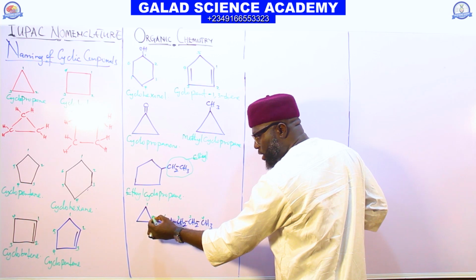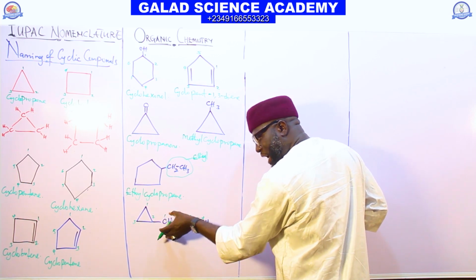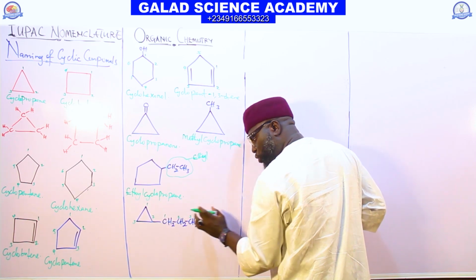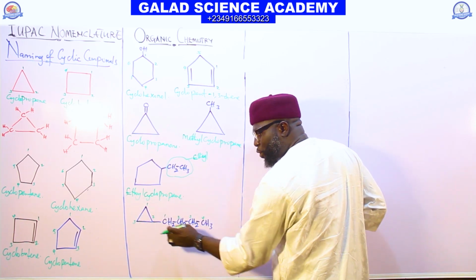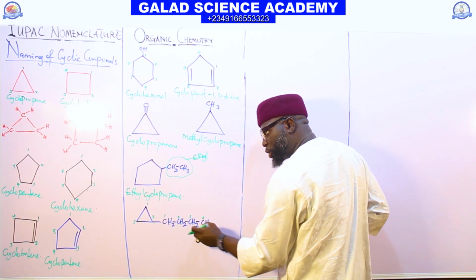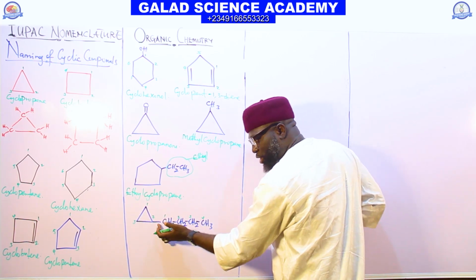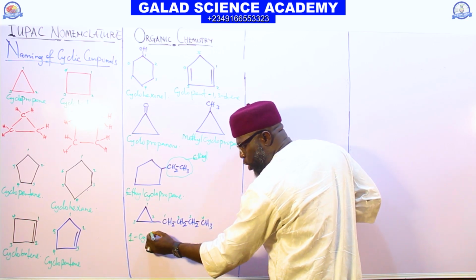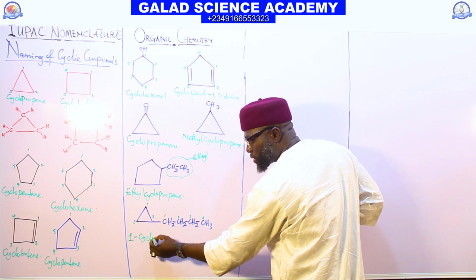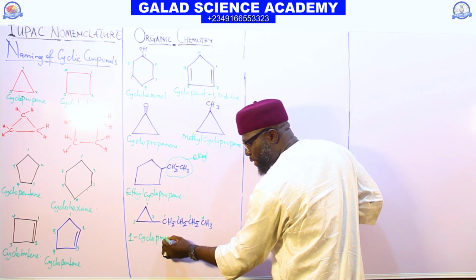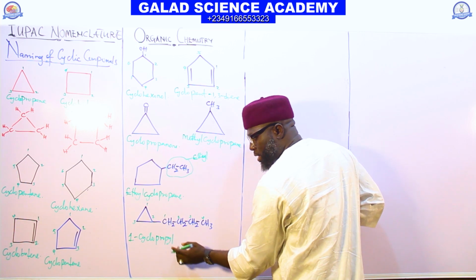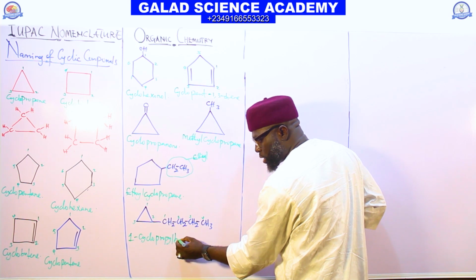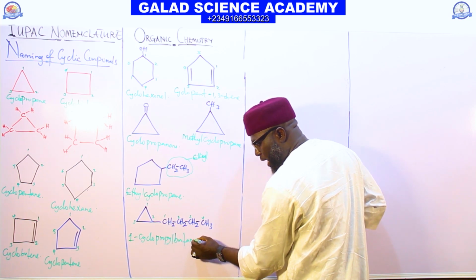Number of carbon here: 1, 2, 3. You can see that the side chain is more than the cyclic chain. This one is 4, this one is 3. Therefore, this cyclic will serve as a substituted group. It is attached to the first carbon here. We now call it 1-cyclopropylbutane.